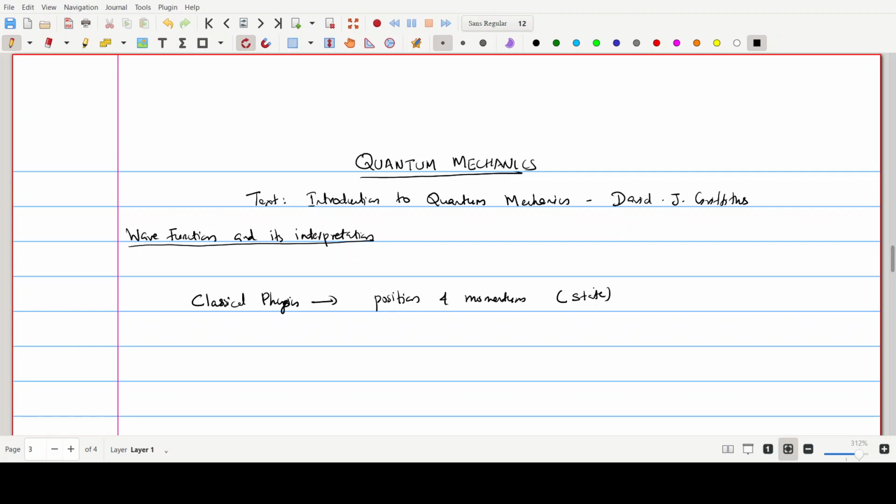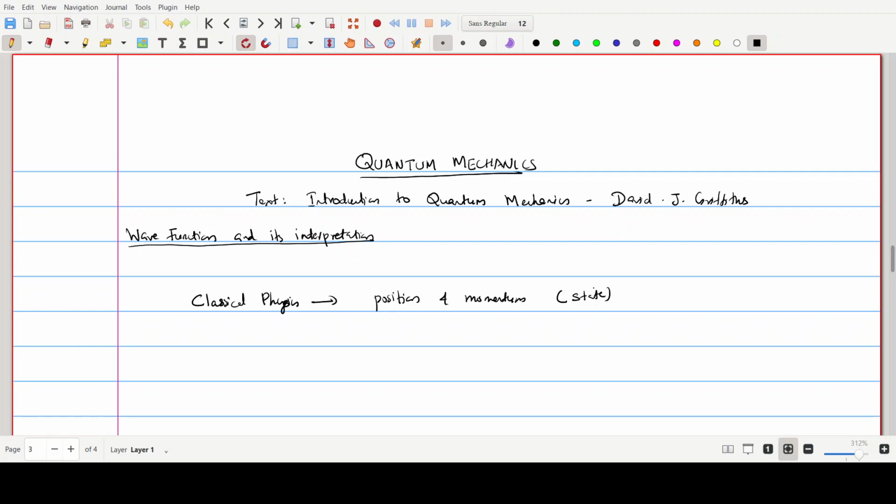If you have a multi-particle system, then we need to know the position and momentum of each of these particles. So if you know the position of all the particles within the system, that means you have the complete knowledge about that system. That's the one part, and that is what is called the state of the system.